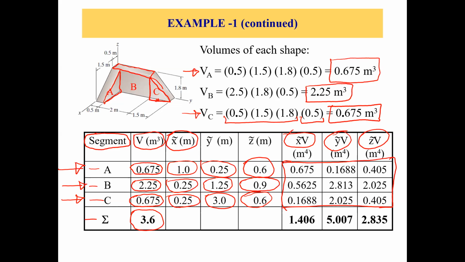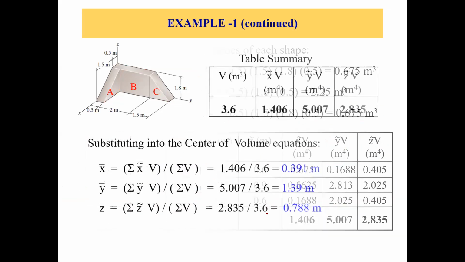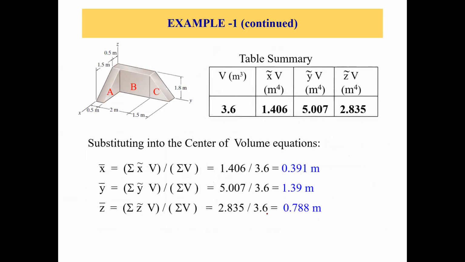After getting them, we sum up all these columns. Summing X bar times volume, you get this. Y bar times volume gives 5.007, and Z bar times volume gives 2.835. Now let's go to the next slide and see how we utilize this summary.